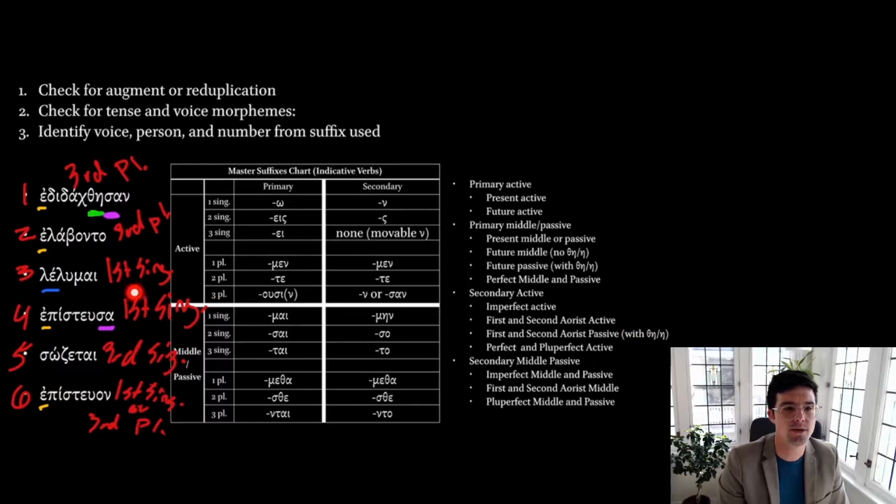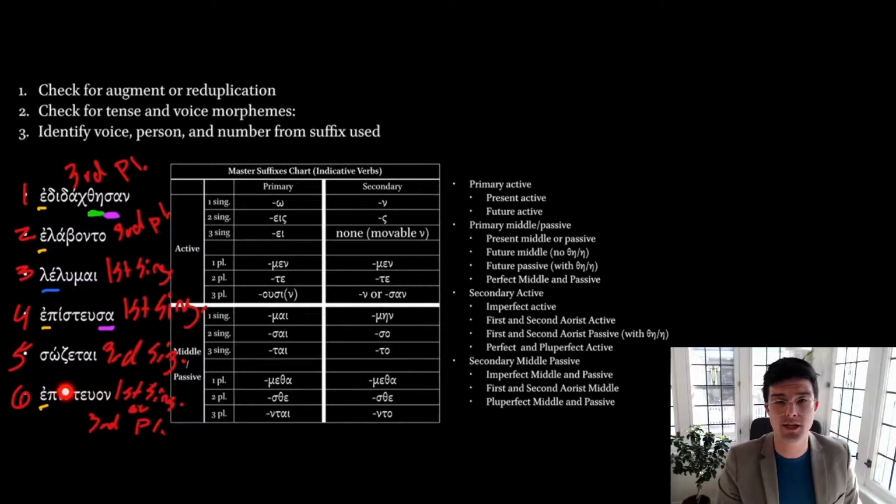And just like we did with elabanta, we have to figure out whether this word is built on the present tense stem, which would make it imperfect, or whether it has changed its stem form, whether it's gone to its strong form as the second aorist does to form the past tense. And we see, as we already had this example, that pistuo is the present tense form. We take off that epsilon and we take off the ending and add an omega there, and we know that that's the present tense form that we would find in the dictionary.